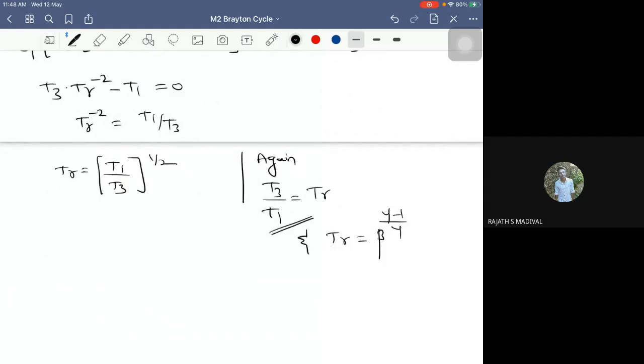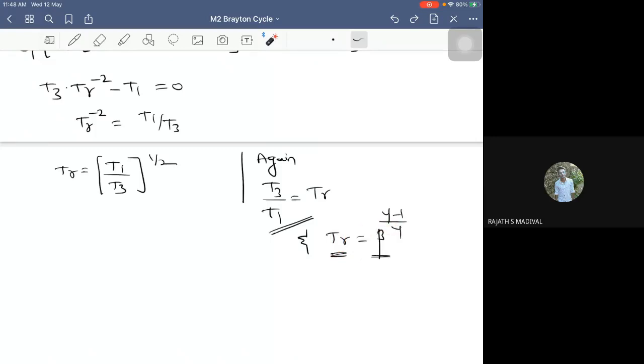Now look, I will tell you an important concept. Now TR is equal to beta to the power of gamma minus 1 by gamma. This is known, right? The derivation done in the last class. Correct? Yes, sir. Now, when I add optimal for the TR, even beta would be optimal. When I don't add optimal here, even beta would be not optimal.